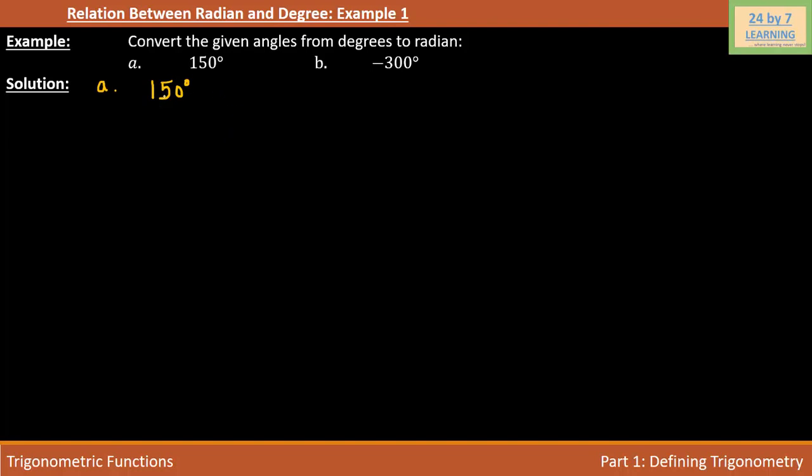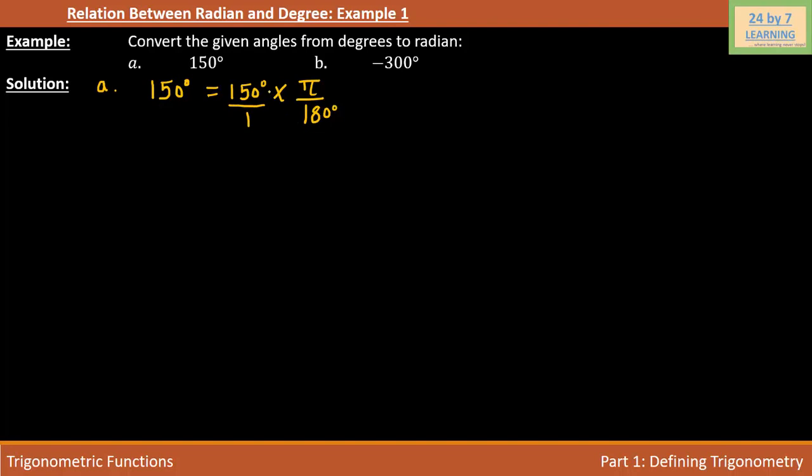So to convert 150 degrees to radians, we write 150 degrees times pi over 180 degrees. As you can see, there is no number under 150 degrees, so I'm going to write 150 over 1.